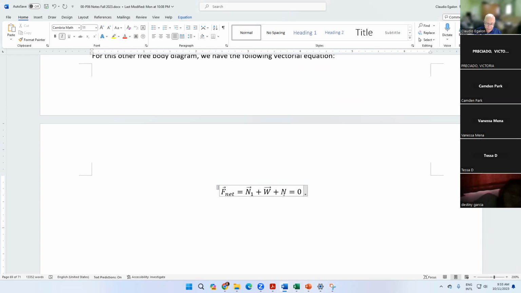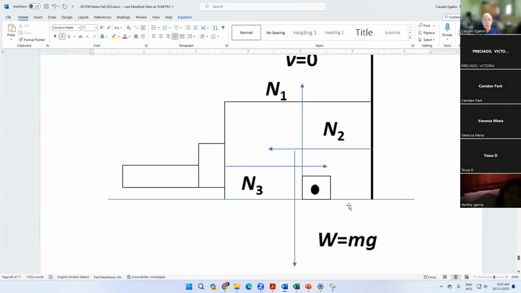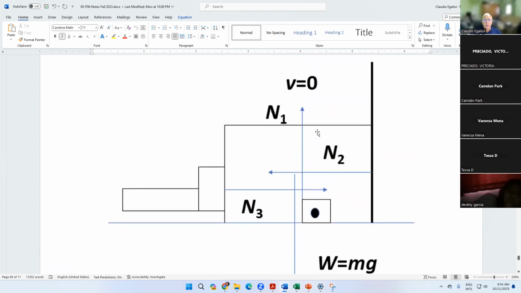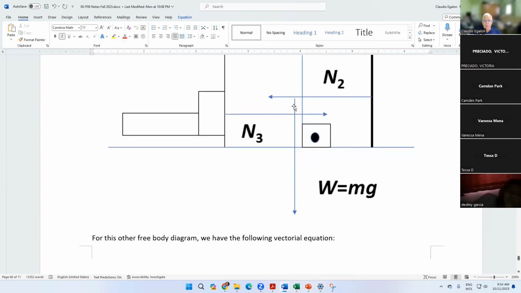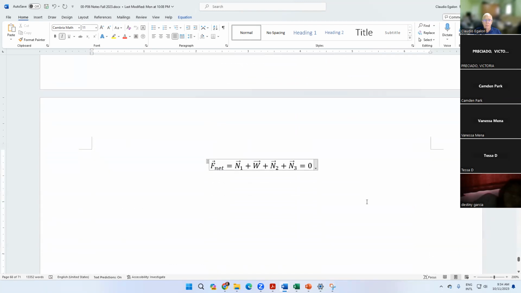Plus N2 plus, don't forget N. Don't forget this is a vectorial equation. It's not a scalar equation, right? This force here cancels out with this force, and this force here cancels out with this force, okay? This force plus this force is equal to 0. This force plus this force is equal to 0.